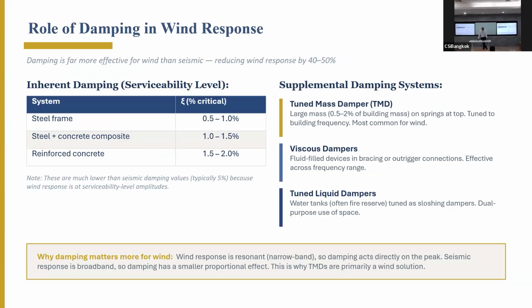So if you want to control it, we need to put the damping there. And damping is more effective for wind than for earthquake. So you put the dampers to restrain the movement.